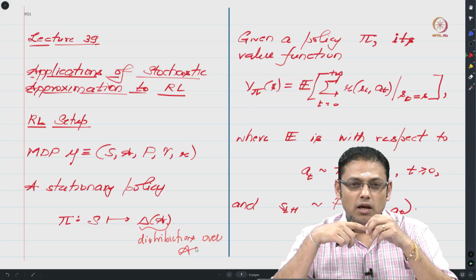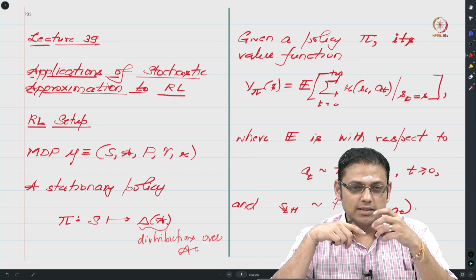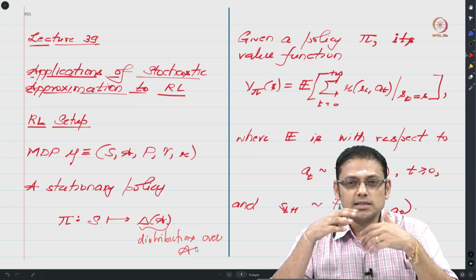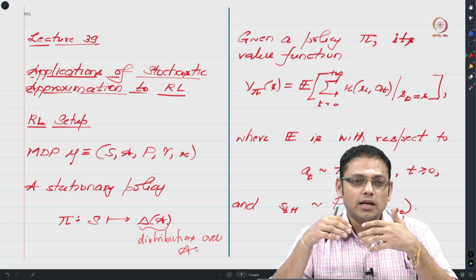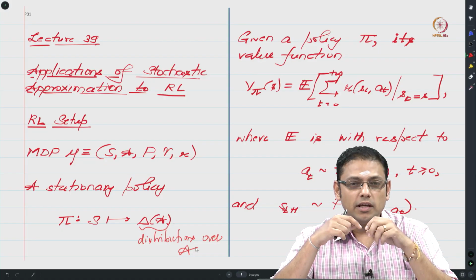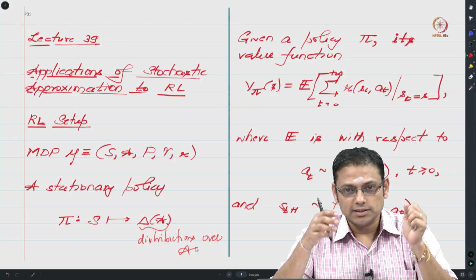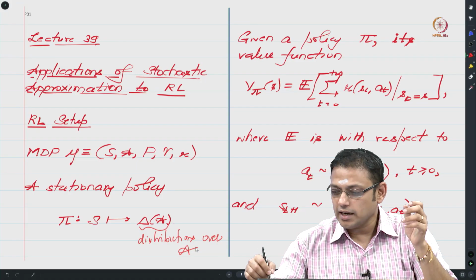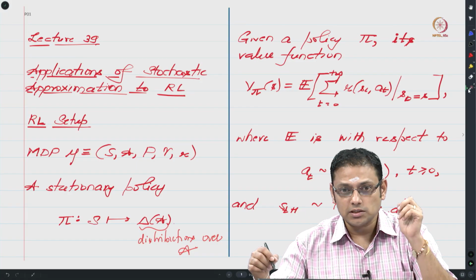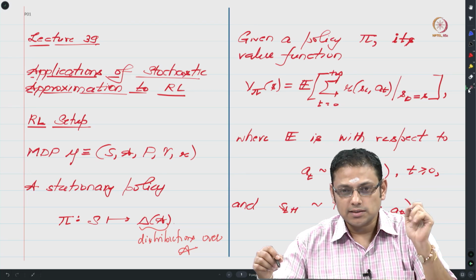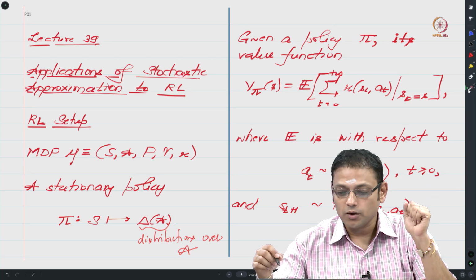That would be an example of a policy, and stationary over here means that this strategy does not change with time, right. And the goal in reinforcement learning is to find the best among the stationary policies, and one can show that that actually outperforms even non-stationary policies, but that is a discussion for the reinforcement learning course.